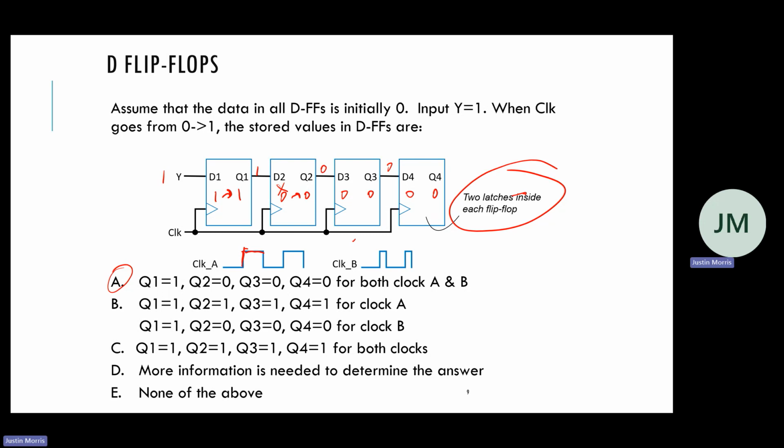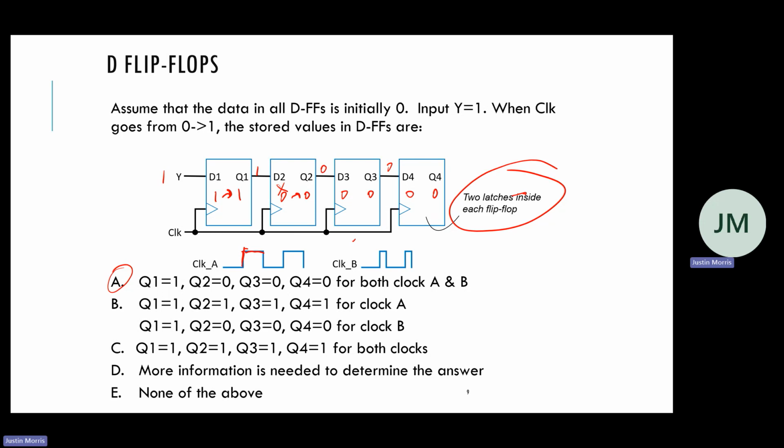In reality, it does matter a little bit because we're going to have this setup and hold time, but we'll talk about that later. For now, it's just important to understand that these are edge-triggered flip-flops, and whether it's pos edge or neg edge, it's going to hold that value until the next pos edge or neg edge.